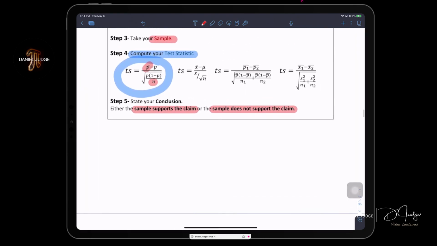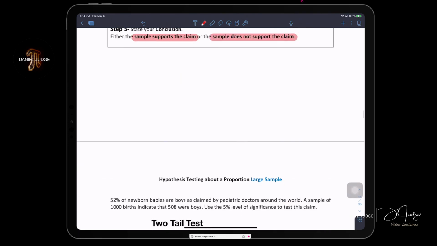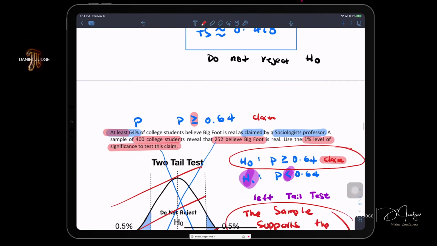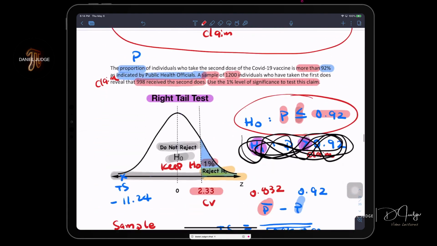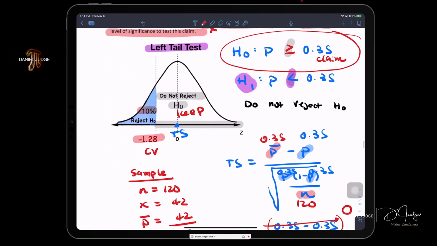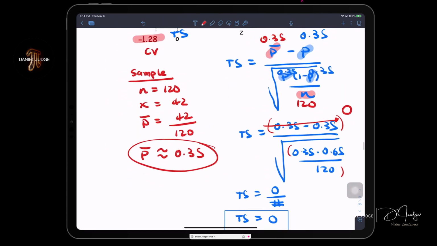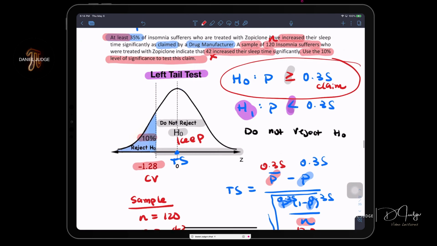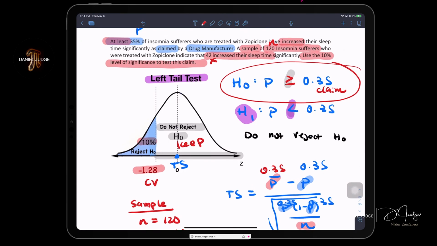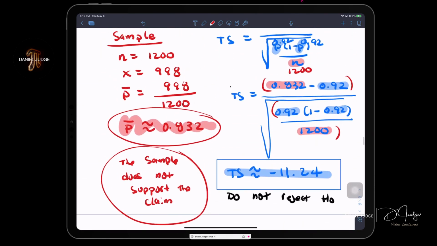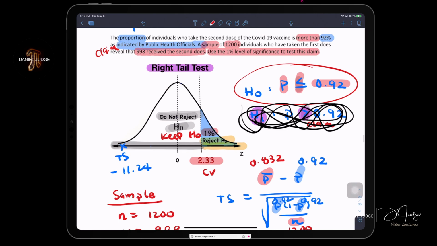So, ladies and gentlemen, here we go. Let's answer that last question here. What happened with the claim? Was the claim kept? Or was the claim discarded? Like in the last example, we got rid of the claim.